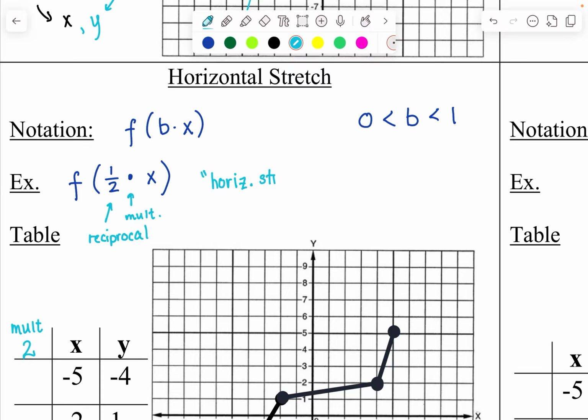Horizontal stretch by a factor of 2. Okay? Horizontal stretch by a factor of 2. So you're stating the reciprocal, not by 1/2, but 2.